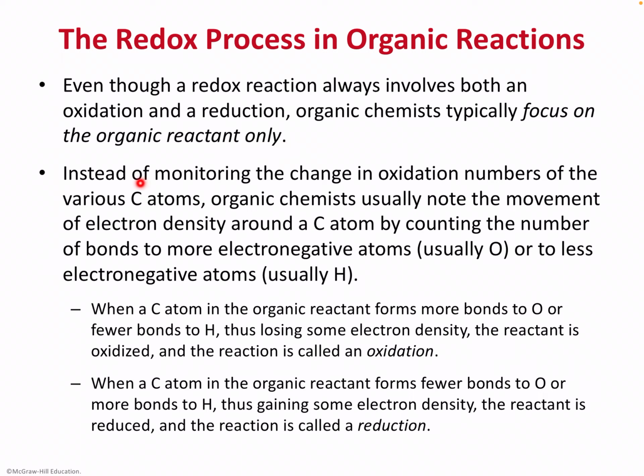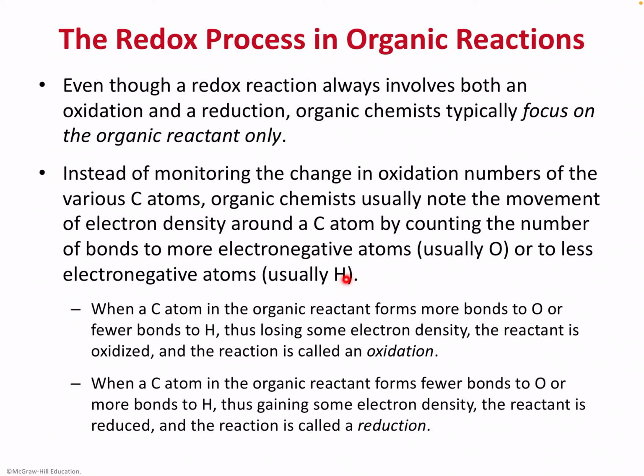Instead of monitoring the change in oxidation numbers of the various carbon atoms, organic chemists usually note the environment of electron density around a carbon atom by counting the number of bonds to more electronegative atoms, usually oxygen, or to less electronegative atoms, usually hydrogen.